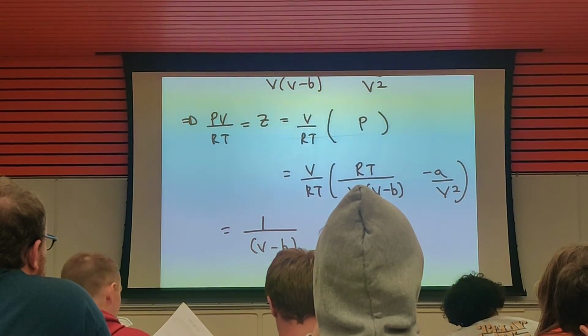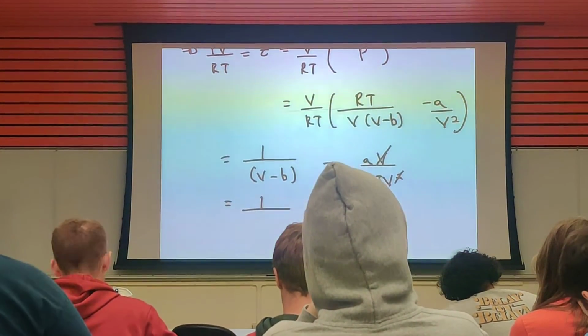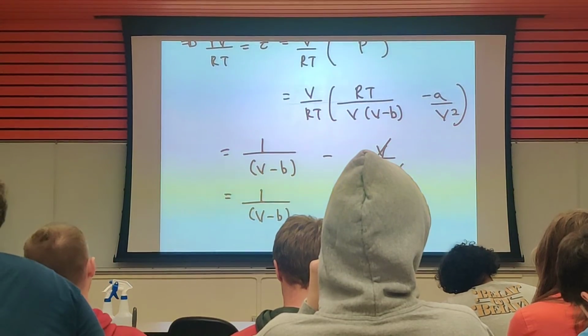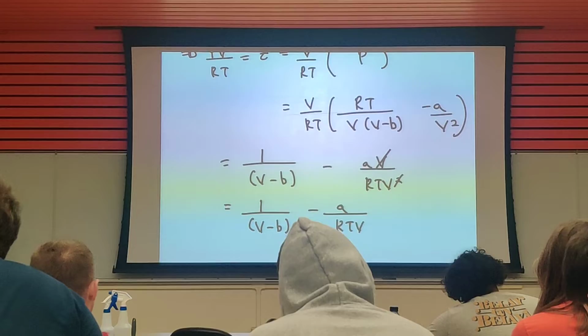So this is going to be equal to 1 over 1 minus b over V minus a over RT V.